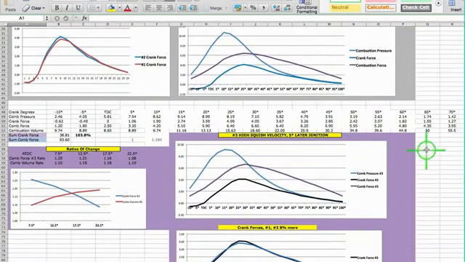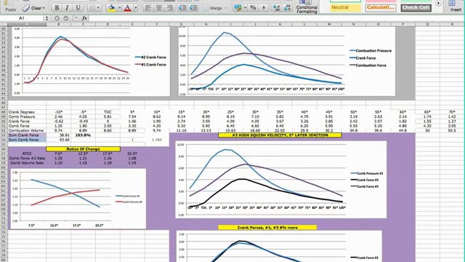So next, I shifted this whole graph over by 5 degrees to start at 10 degrees before top dead center instead of 15, which is basically retarding the ignition, which is what you have to do when you increase the squish velocity very much.